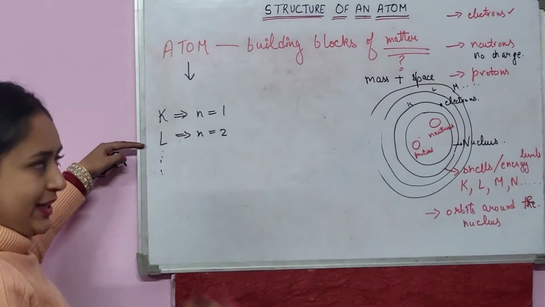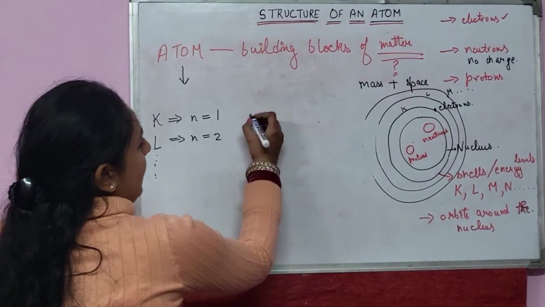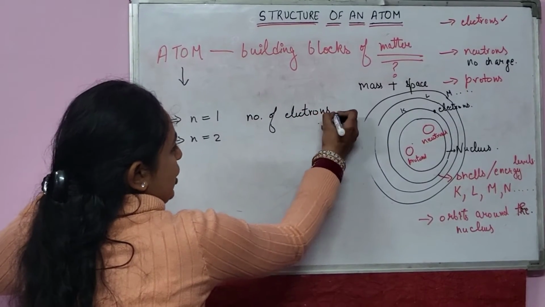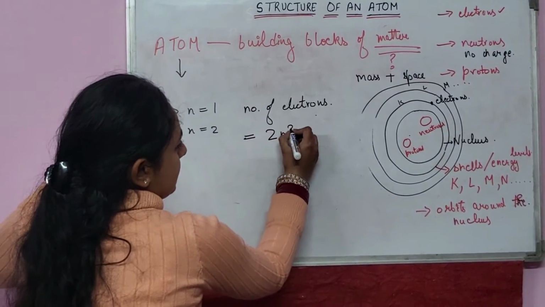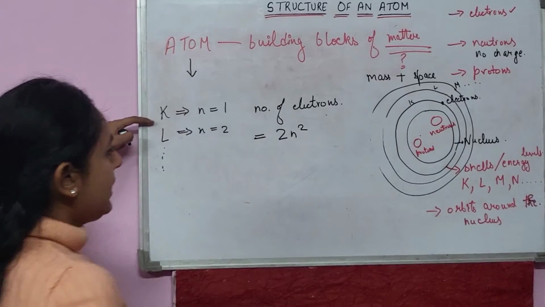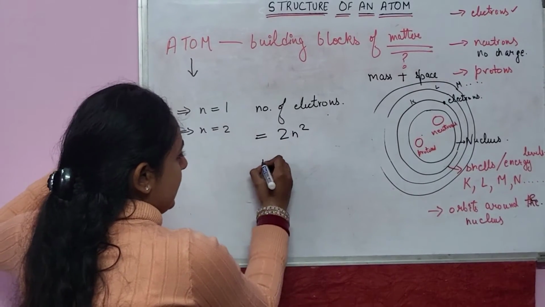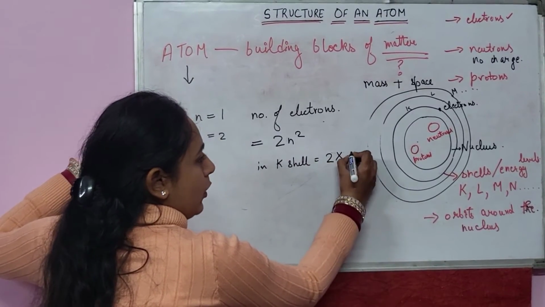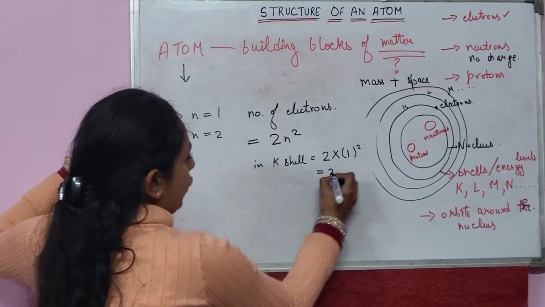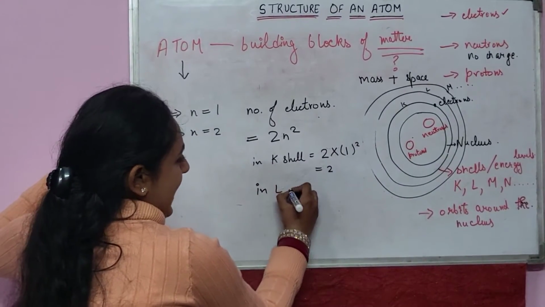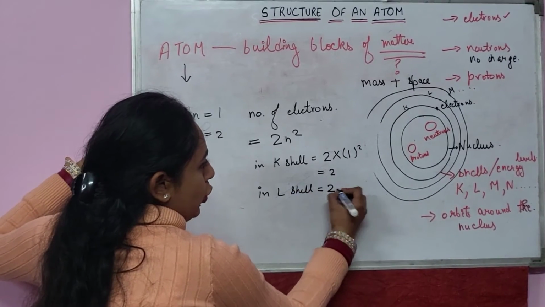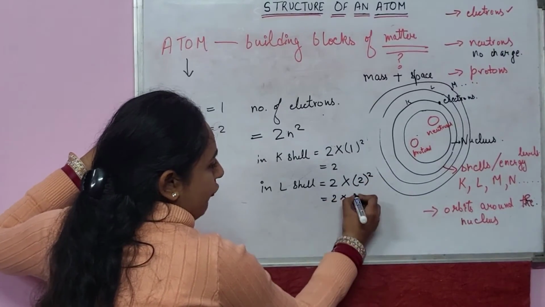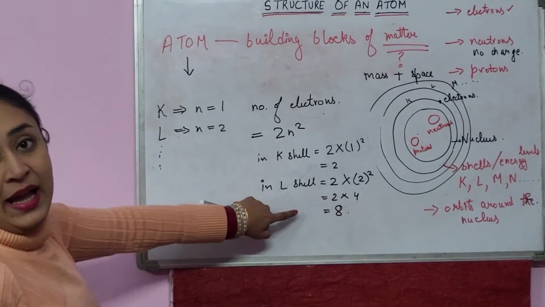The number of electrons in a shell can be calculated by a formula: the number of electrons in a shell is given by 2n squared. For the K shell, the number of electrons would be 2 multiplied by 1 squared, which is 2, and the number of electrons in the L shell is 2 multiplied by 2 squared, that is 2 multiplied by 4, which is 8 electrons.